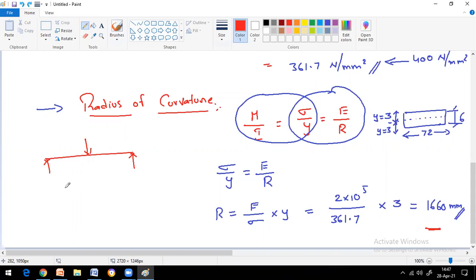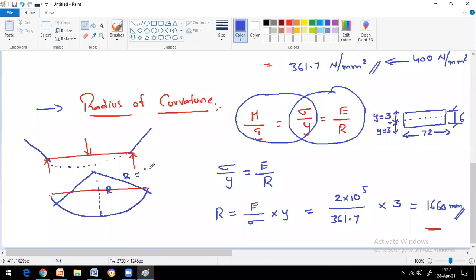So with respect to its center, the radius of curvature is calculated with respect to the center of the beam curvature. This is what they ask you to calculate.